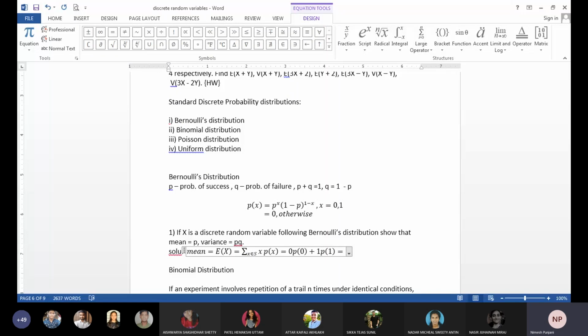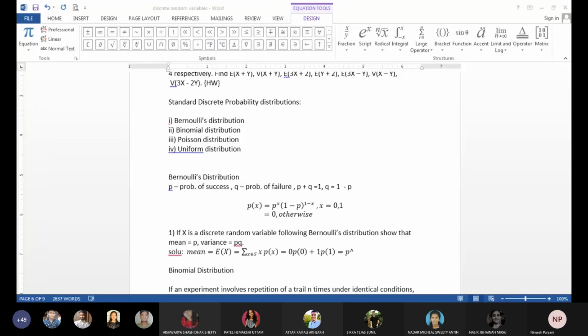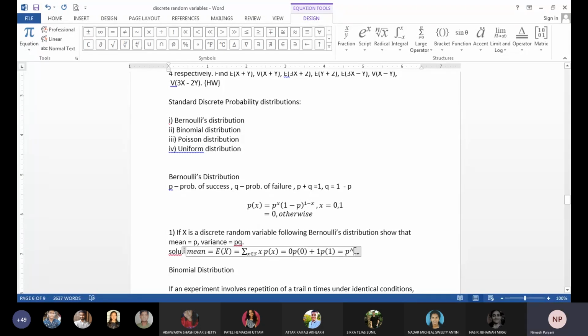What will P of 1 be? P of 1 means the value of x is 1. In the formula we wrote, x will take the value 1. So taking x as 1, you get p raised to 1 multiplied by (1 minus p) raised to 0. What is the value of anything raised to 0?